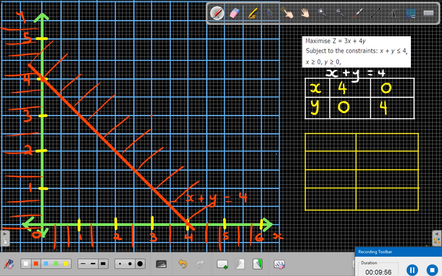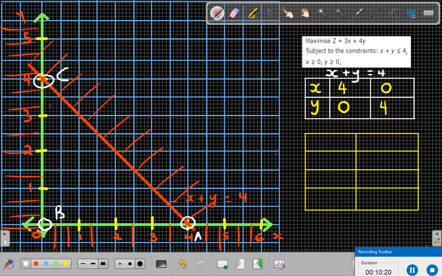Now what next? Now to find the maximum value, what we normally do is to look for the extreme points. So we have a point here. Let's call that point A. We have a point here. Let's call that point B. We have a point here.